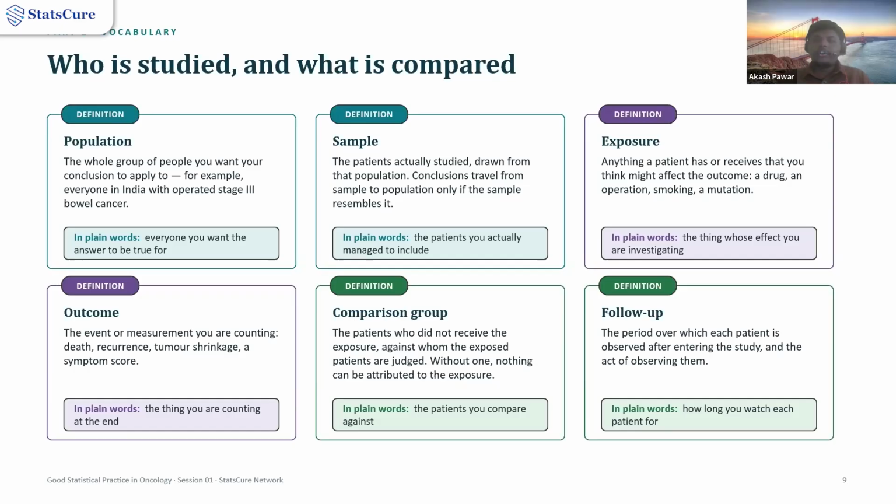Then the outcome. As we all know, if there is a treatment, there is going to be an outcome. It's basically an event, such as the disease being cured or the disease increasing: getting a good response, a bad response, the patient having death, having recurrent disease, the tumor shrinking, which is a good thing, or any kind of symptoms they show after being on the treatment.